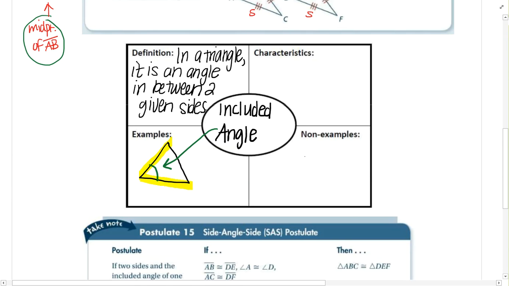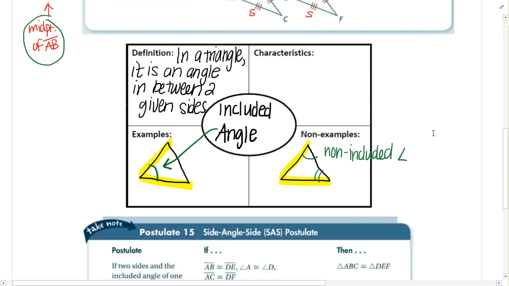All right, let's look at a non-example. So let's say we have a triangle. And again, let's talk about those 2 sides. The included angle is not this angle. In fact, that is called a non-included angle. Basically the opposite. And also, this one right here is also a non-included angle because it's just not the one that's in between.